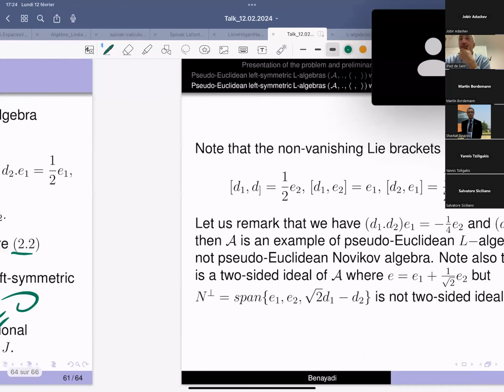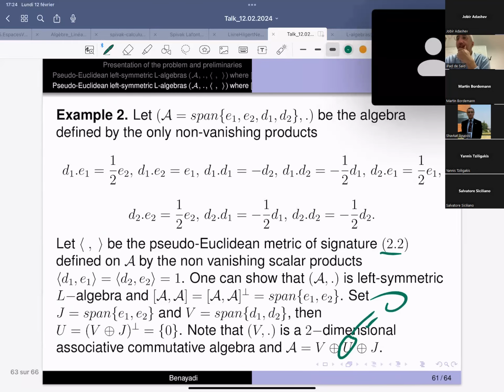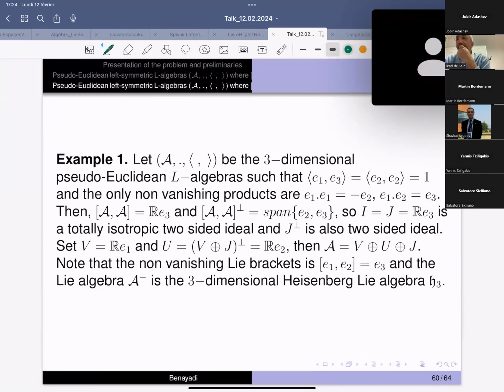Example one is very simple. If you consider the three-dimensional Heisenberg Lie algebra, you prove that this one is dimension 1, okay? And you make the double extension by one dimension. You have this one and this one, and you have this. The Heisenberg algebra, or three-dimensional algebra, is a pseudo-Euclidean Lie algebra. Okay?